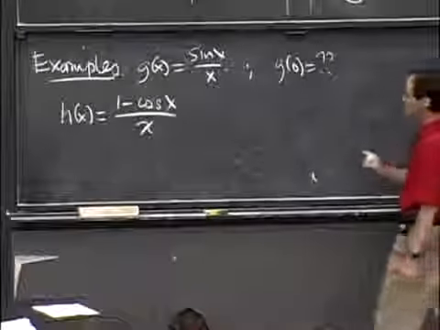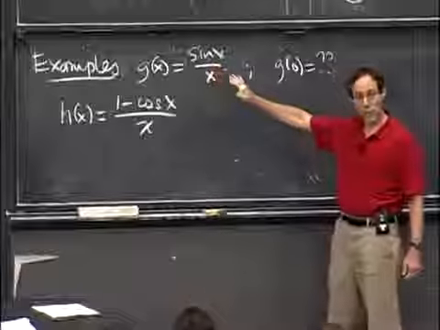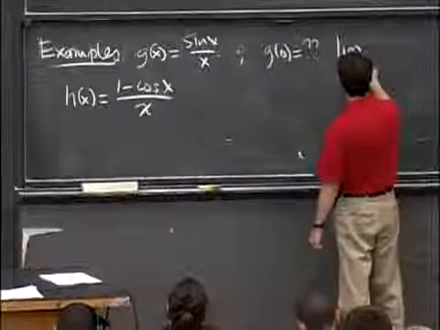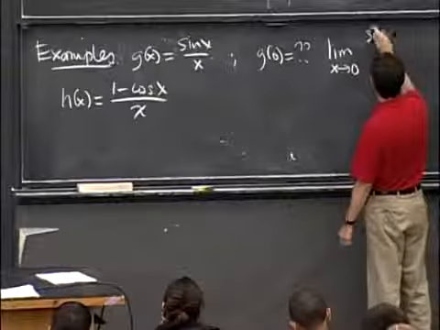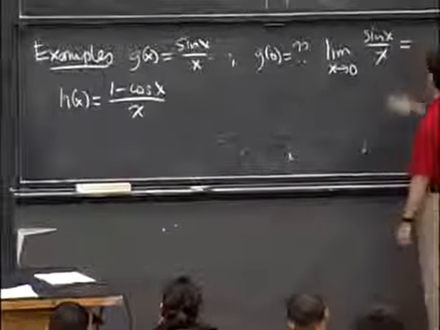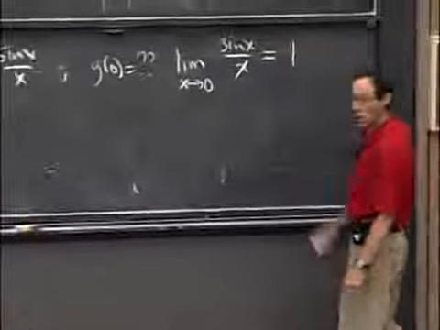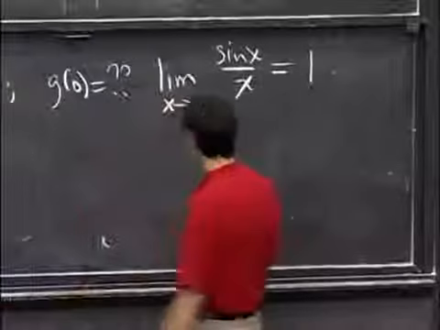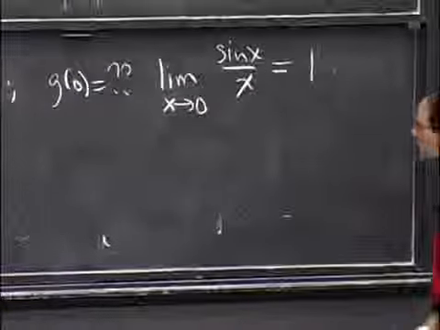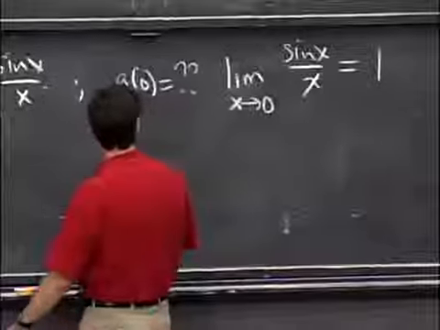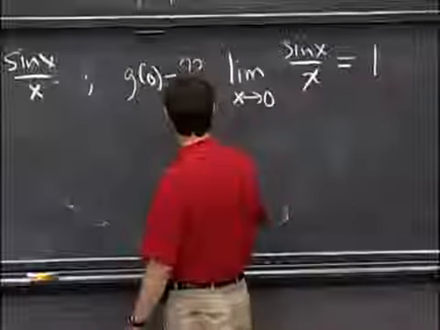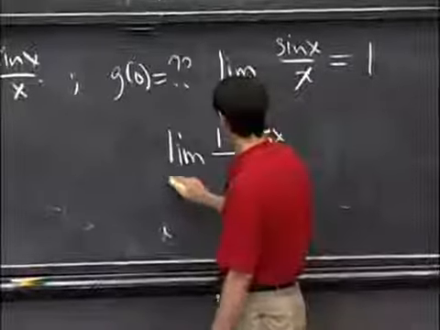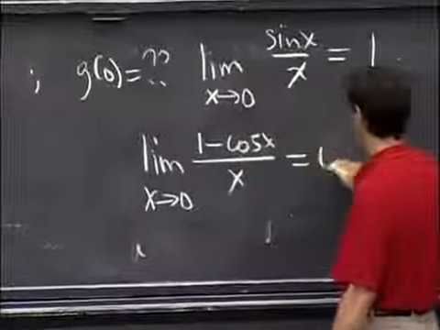On the other hand, it turns out that this function has what's called a removable singularity, namely the limit as x goes to 0 of sine x over x does exist. In fact, it's equal to 1. So that's a very important limit that we'll work out either at the end of this lecture or the beginning of next lecture. And similarly, the limit of 1 minus cosine x divided by x as x goes to 0 is 0.